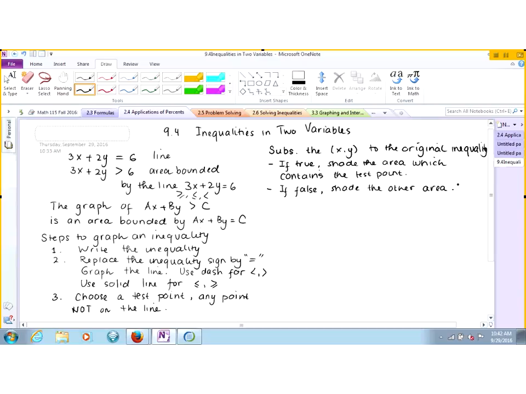All right, so let's do the first one. So for example, graph number 1: 6x minus 2y is greater than or equal to 6.